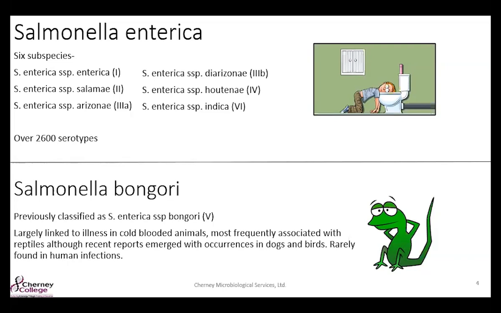So bouncing back up to Salmonella enterica, it is the human pathogenic species, and it has over 2,600 different serotypes. For those of you not familiar with serotypes, you might be wondering what the heck I'm talking about. So we're going to dive a little bit deeper into what a serotype is and how it helps us understand Salmonella a little bit better.